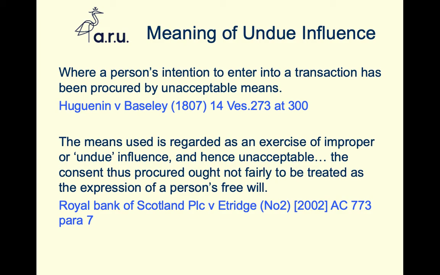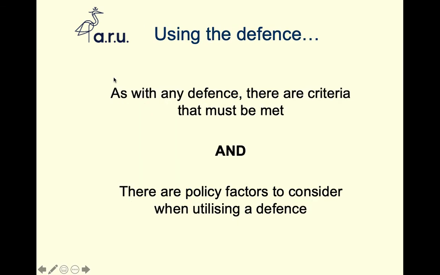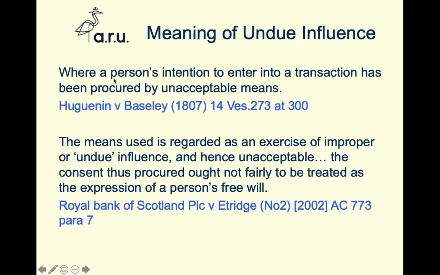We've got Etridge in 2002 stating that the means used is regarded as an exercise of improper or undue influence, so those unacceptable means, I'd imagine, and hence, there we go, unacceptable. The consent thus procured ought not fairly to be treated as the expression of a person's free will. Exactly that, what was stated previously.